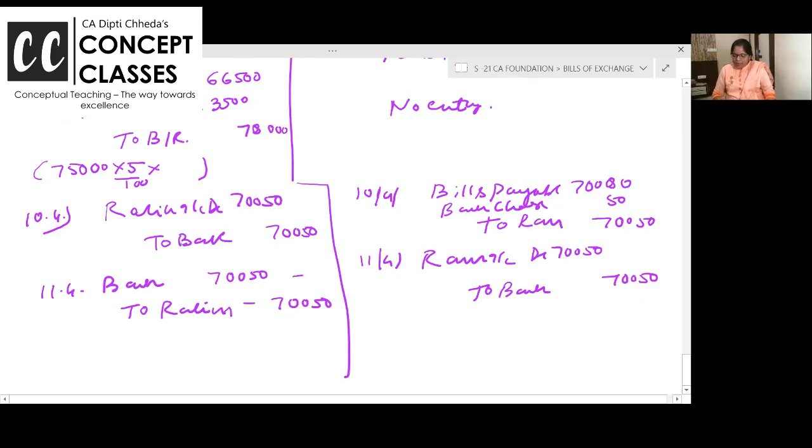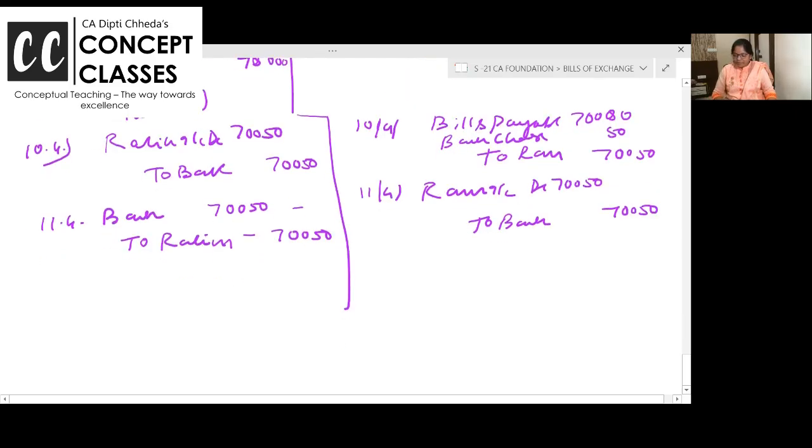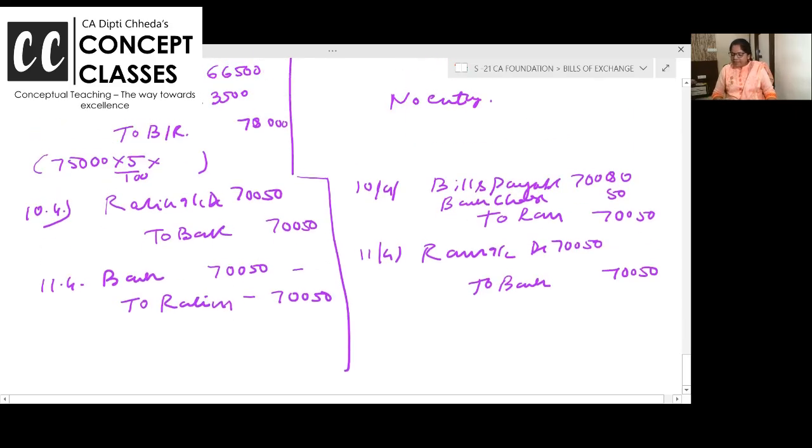Rahim account debit to bank, bank to Rahim. Bills payable, bank charges to Ram, Ram to bank. Easy this problem is.